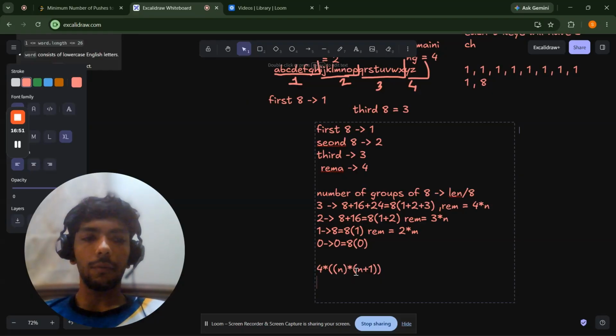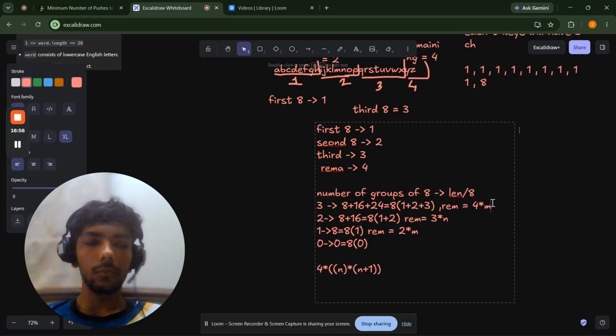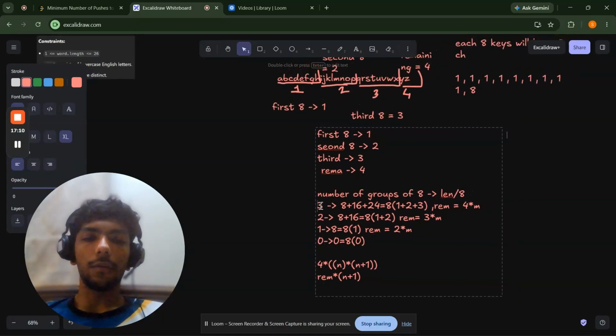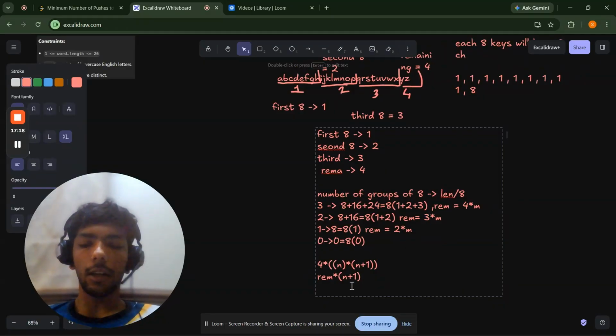N is the number of groups here. So the remaining will require rem multiplied by n plus 1. If there were two groups, it would require 3 pushes. Okay, and rem is len modulo 8.